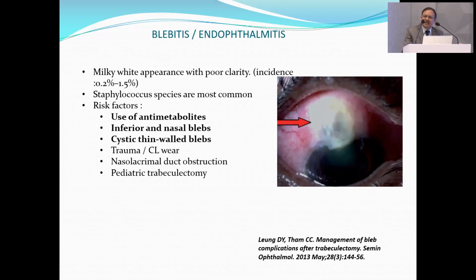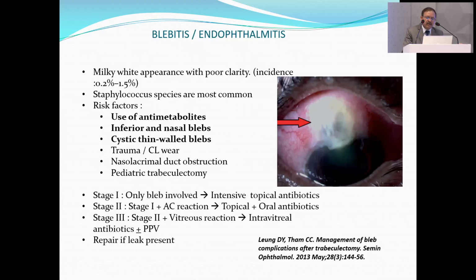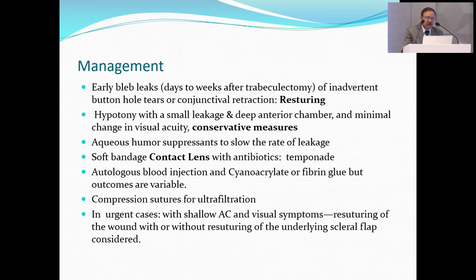Rarely you may get infection in the early post-operative period, so you can manage it depending upon the stage, whether it is blebitis, or blebitis with anterior chamber infection only, or if there is endophthalmitis also. So management, early bleb leaks of inadvertent buttonholing or tears or conjunctival retraction, they need suturing.